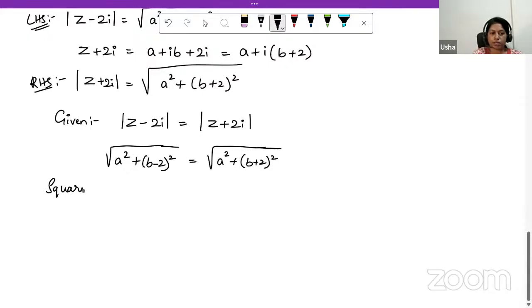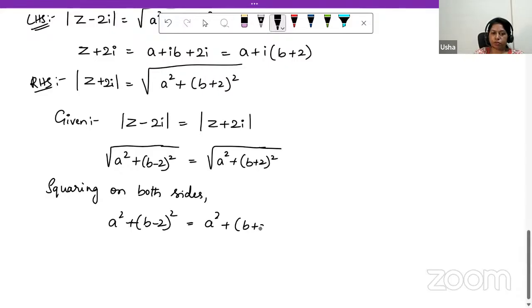Squaring on both sides, square root and square get cancelled, and you will get a square plus b minus 2 whole square. And here you will get a square plus b plus 2 whole square. Now this a square and this a square get cancelled.